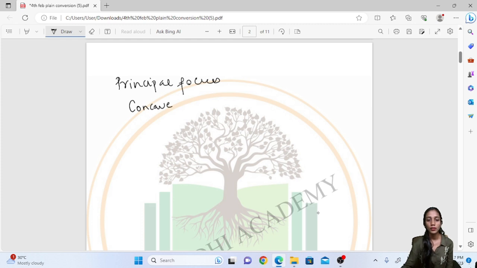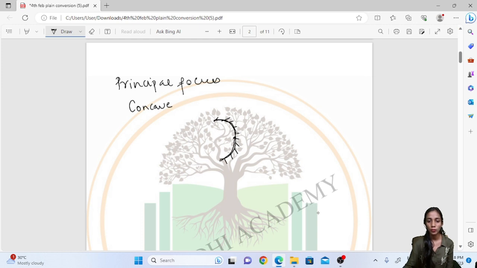we know that the reflecting surface of the concave mirror is the inner surface of the spherical mirror. For example, if this is the mirror, the reflecting surface is the inner part, and the outer part is the plane surface. We had already studied some measurements about the mirror.